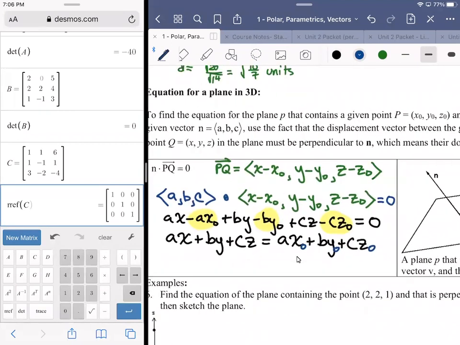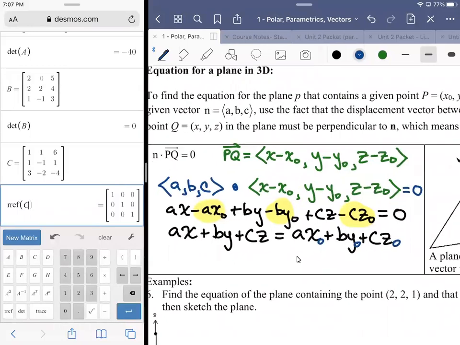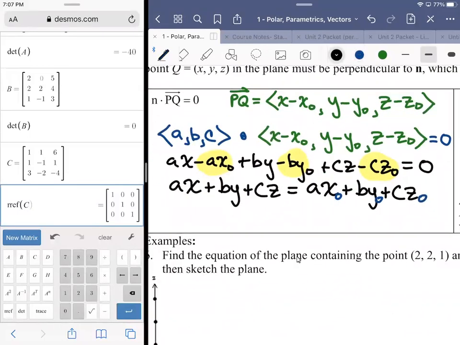What does that give us? The left side looks an awful lot like a standard form for a linear function. The right-hand side just looks like a standard form for a linear function, just with subscripts. But what we can do is create a new variable, call this D, just for brevity, where D is equal to the dot product between the normal vector N and your point P.